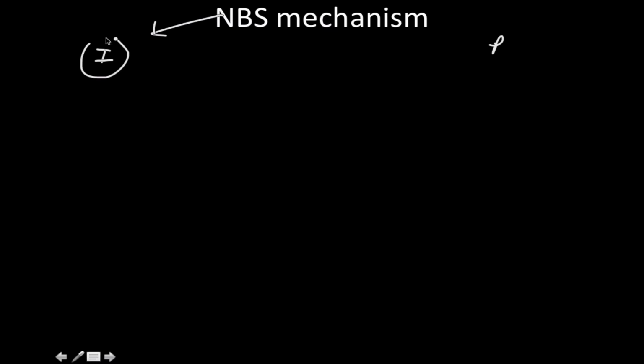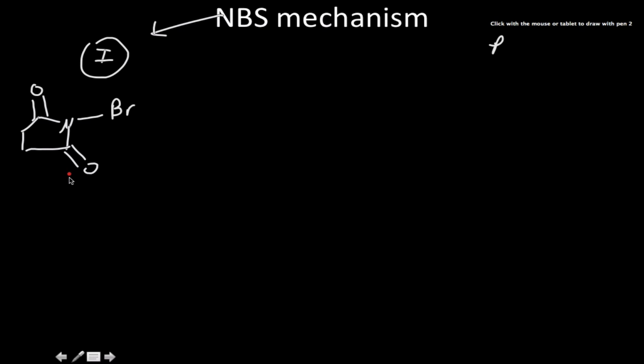So the initiation of N-bromosuccinimide is, and I'll try to see if I can draw it here, there's two carbonyls, there, and that nitrogen is bound to a bromine. So presumably we're in light or peroxide, something that's going to cause these things to happen.